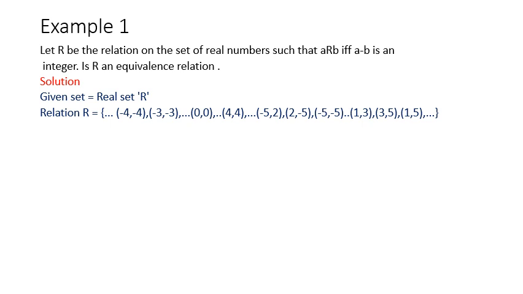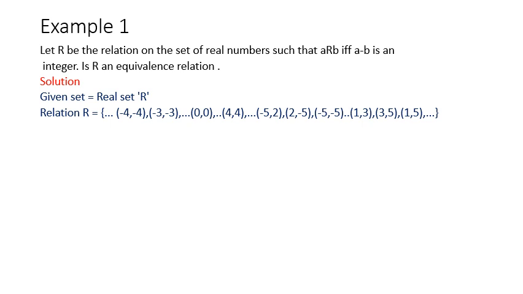So I have taken only the integers here, but the ordered pair which we take should have a difference which is an integer. Okay, so only that is the condition here.